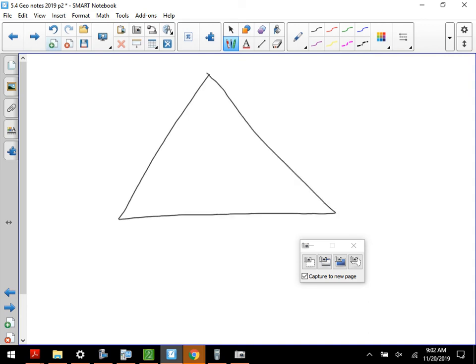The circumcenter is where all the perpendicular bisectors intersected. The point where the perpendicular bisectors meet was the circumcenter.